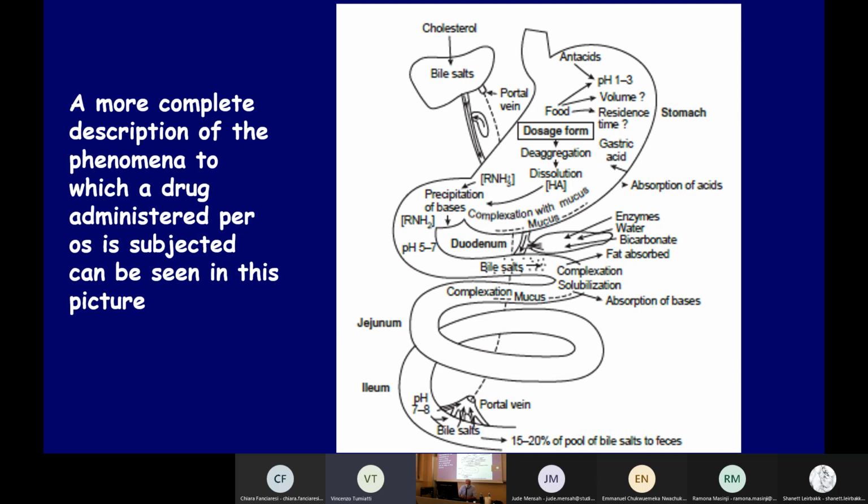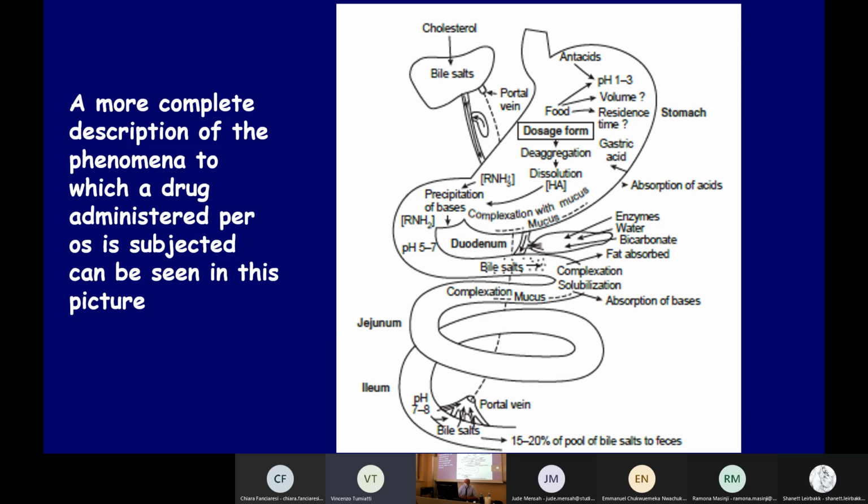We'll see a specific class of drugs like ibuprofen, aspirin, and others, able to block the formation of this mucus. When you take an ibuprofen pill, for example, this compound is able to block the formation of this mucus.